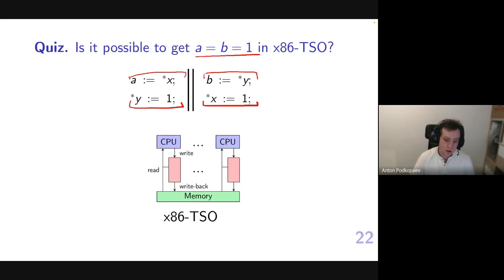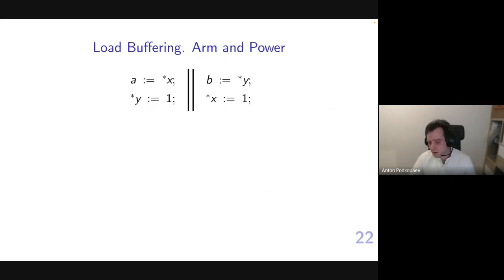Okay. So actually, the answer to the question is that you cannot get this outcome, A equals B equals 1, in x86. However, you could get it in the memory models of ARM and Power architectures.